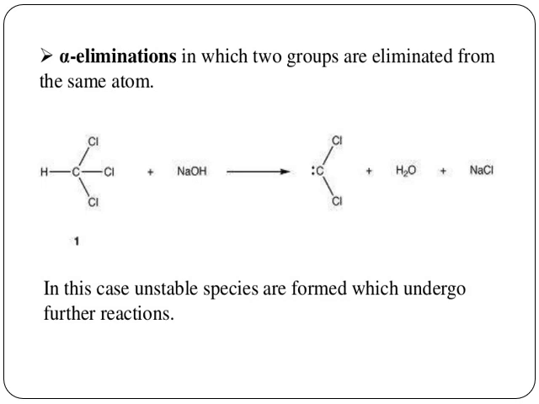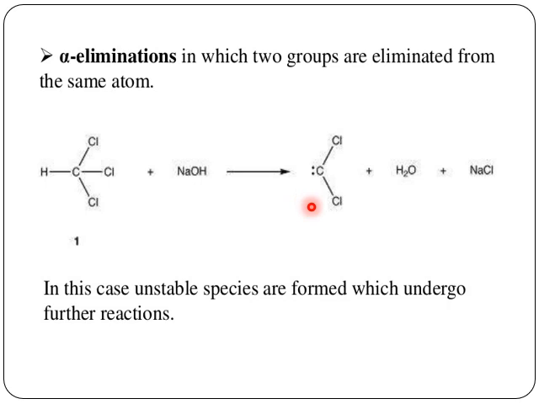As we have previously discussed, alpha eliminations are those reactions in which the two groups are eliminated from the same atom. Here we see an example of chloroform. In the presence of a base, sodium hydroxide, it loses a hydrogen and a chlorine, and as a result we get a carbene species.